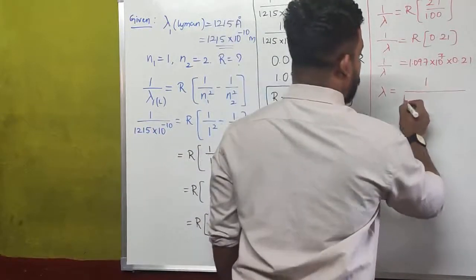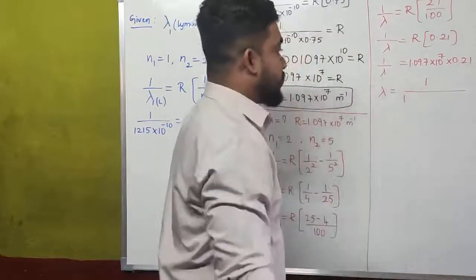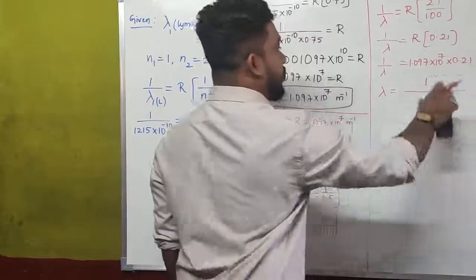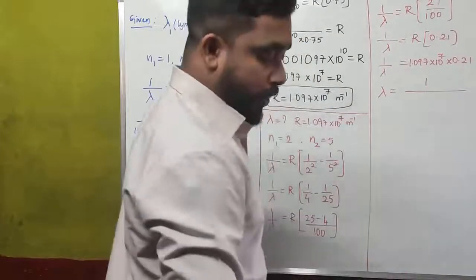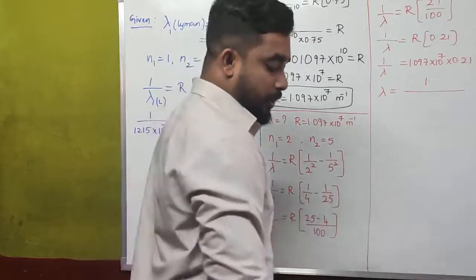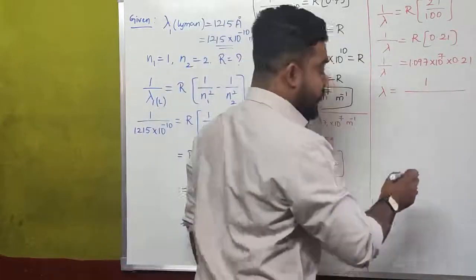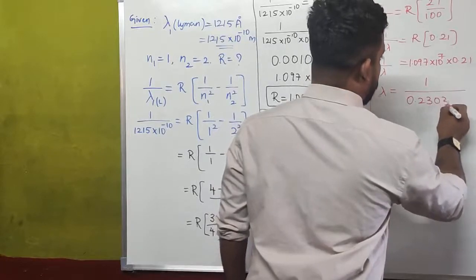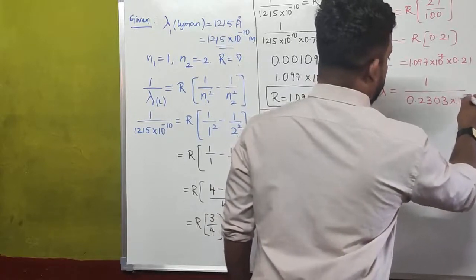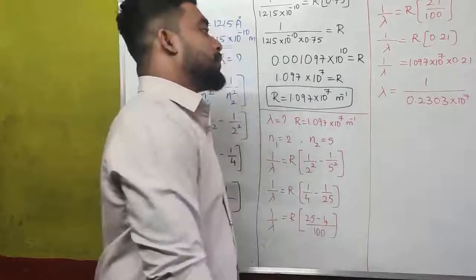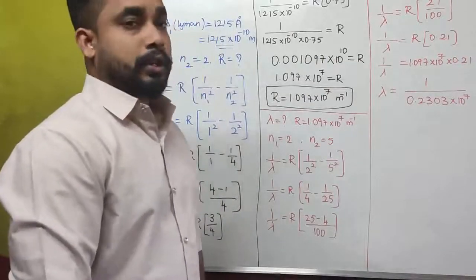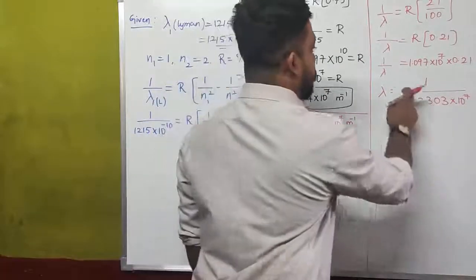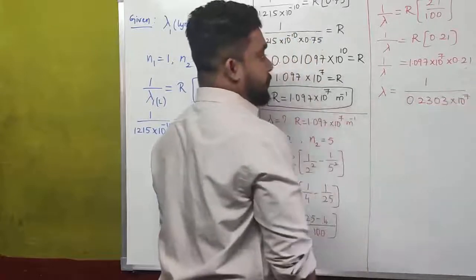Then this will be 1 divided by the multiplication of 1.097 into 0.21, which is equal to 0.2303 into 10 to the power of plus 7.